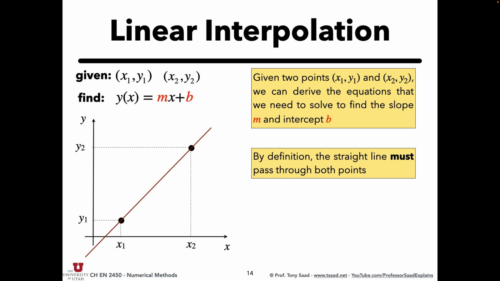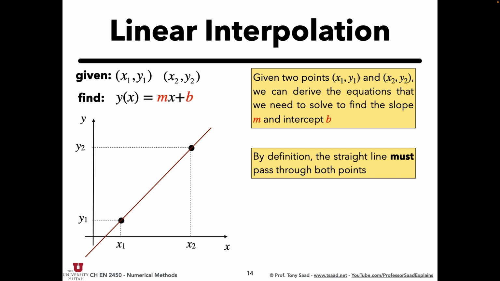Notice I'm using red to designate unknowns. Although x is going to be an unknown, that's only for later. Right now, I need to find what m and b are. So the slope and the intercept are my unknowns to build this straight line.